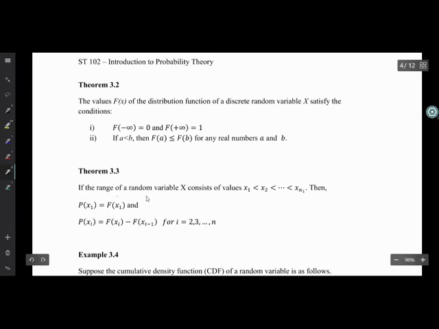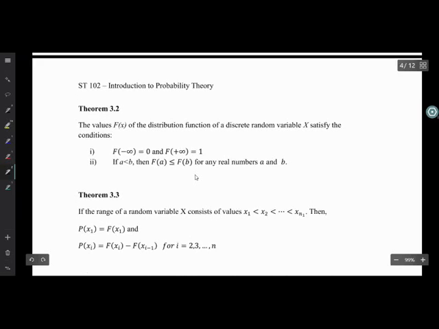Now let's look at a few other theorems related to the cumulative distribution function. The value capital F(x) of the distribution function of a discrete random variable X satisfies the following conditions. Capital F at negative infinity equals 0 and capital F at positive infinity equals 1.